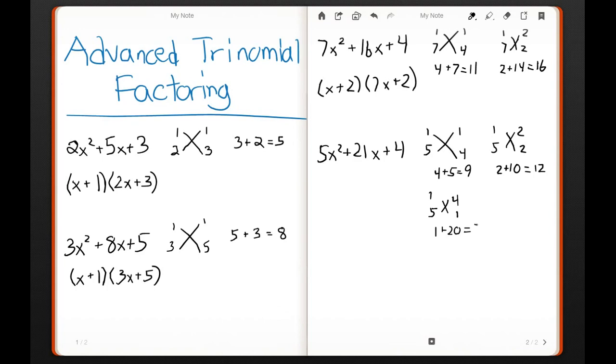This will be 21. And now we have the 21 in front of the x here. So this one is the correct factorization. So this will be x plus 4 times 5x plus 1.